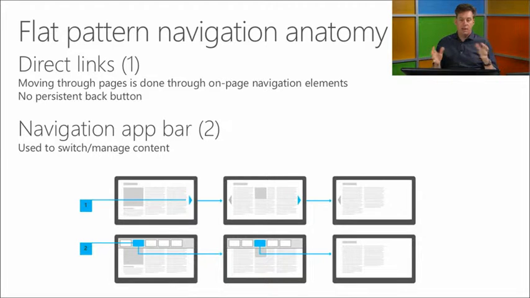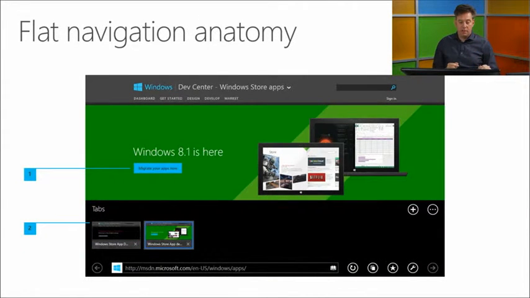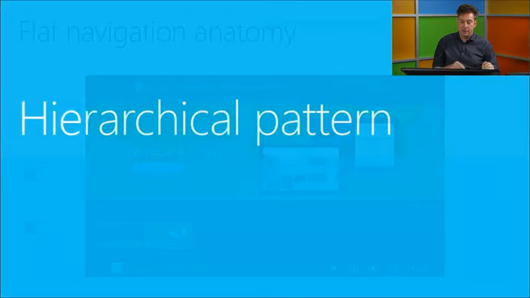So it's very flat, and again is what we see with Internet Explorer, where you have the different tabs. Within the app you can navigate as well by clicking on the link, it goes to another page and so on. But by using the navigation bar I can go to the different tabs and those different browser sessions I have in my browser. So that's a very easy way to have a flat navigation pattern.